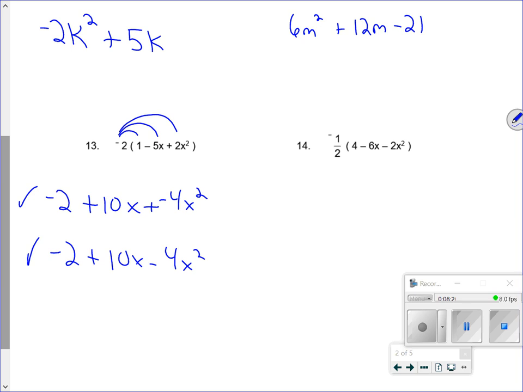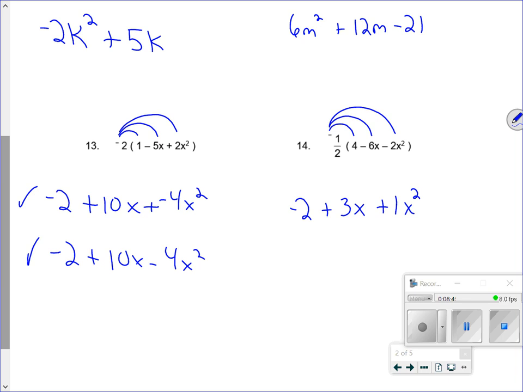And the last one, just put it all together, negatives, fractions, 3 terms, and I've written it backwards, everything that tends to cause a little bit of trouble. Just take your time. -1/2 times +4 is -2. -1/2 times -6 is +3, and there's an x. And -1/2 times -2 is +1 x squared.